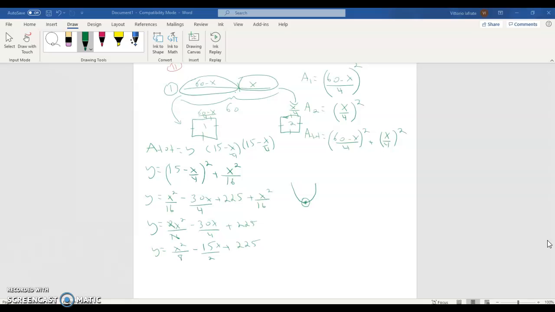So we can have y is equal to x squared over 8 minus 15x over 2 plus 225. We can then factor out a common constant.